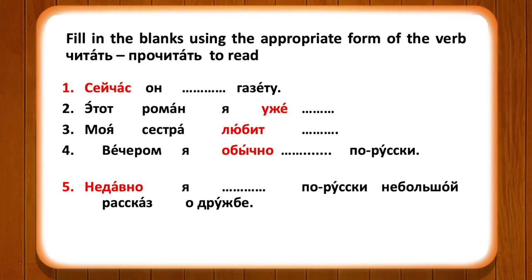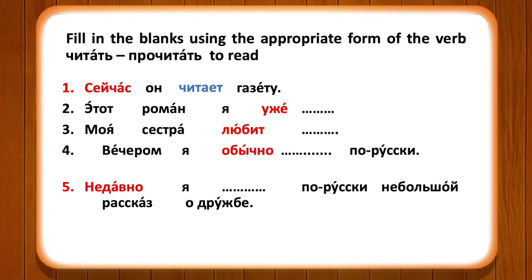Here, the verb that you will be using will be of imperfective aspect. Why? Because of the adverb сейчас. Сейчас means now. That means the action is taking place right now. Сейчас он читает газету. The imperfective verb читать is conjugated according to the pronoun он.